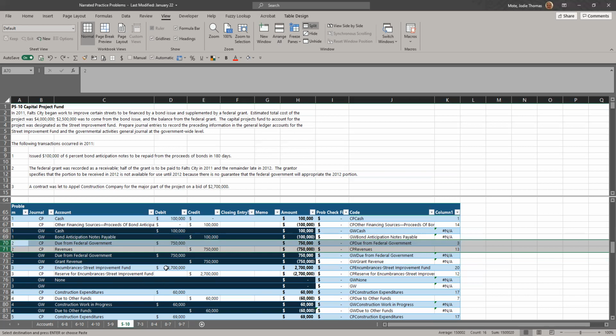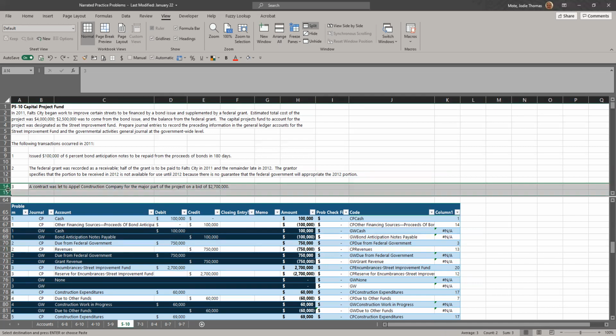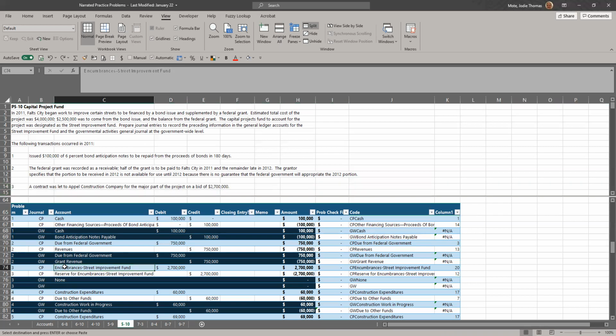Number 3, keyword here, a contract was let to Apple Construction. Whenever you see that, or whenever you see a purchase order was signed, we're talking about encumbrances. We hadn't received the invoice yet, but we just have to set aside a part of the fund balance for this purpose.